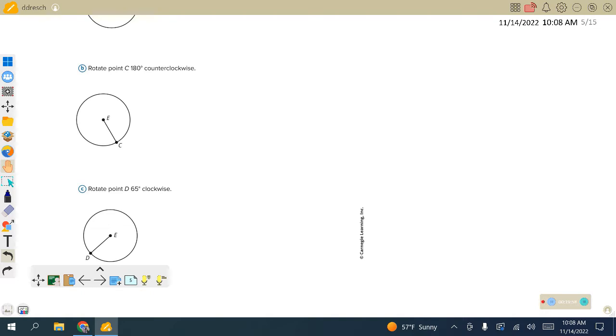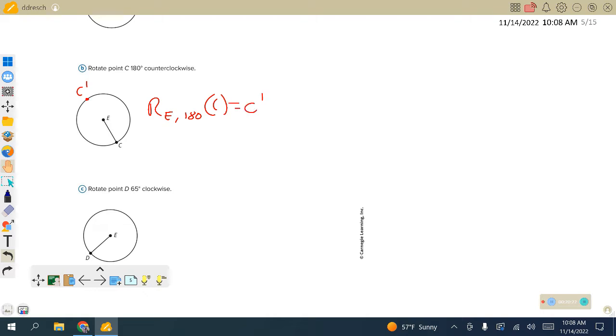Kind of diagonal to it, right? Yeah, C prime should be right there. Based off that rule that they told you, is that 180 going to be positive or negative? It's a 180 that is counterclockwise, so counterclockwise is positive.